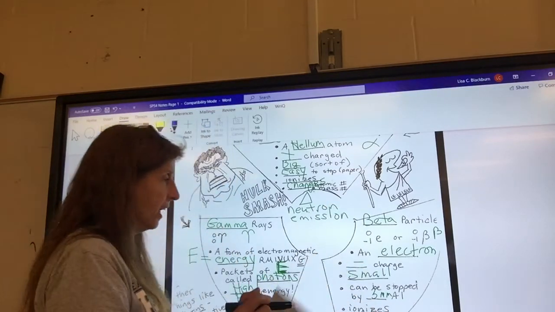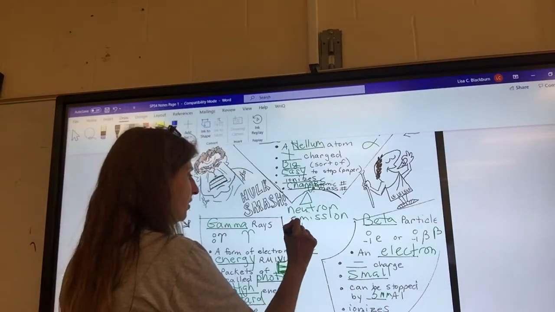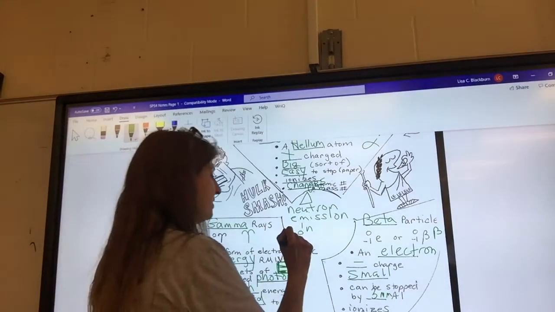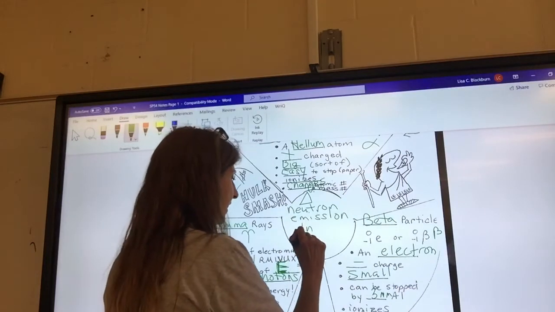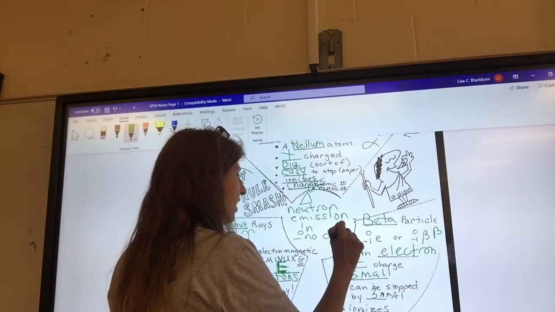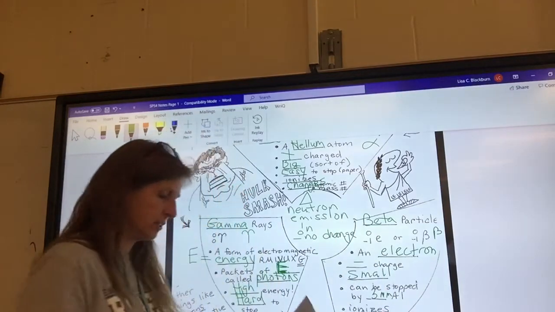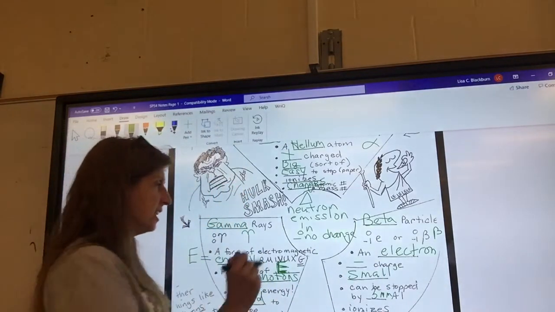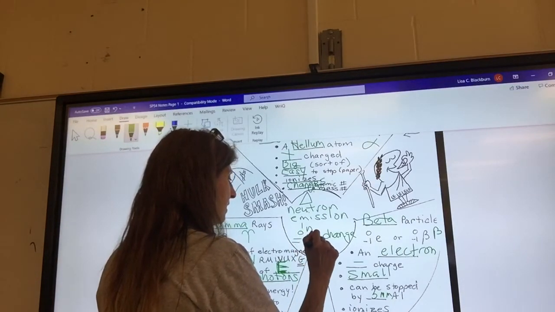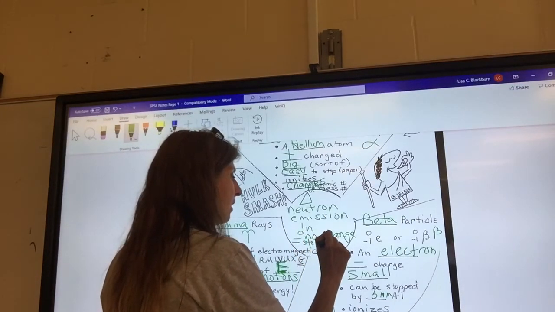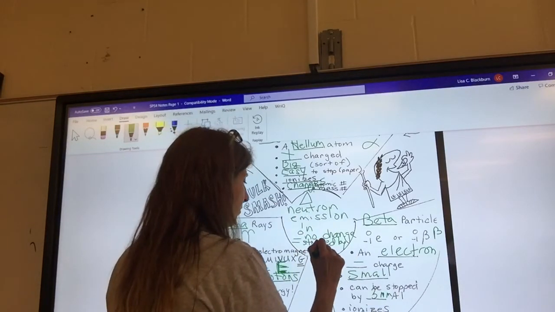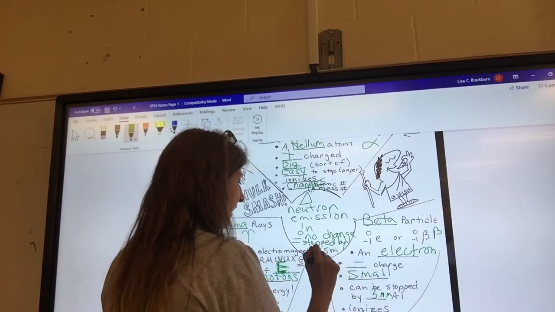Neutron emission. The symbol is the symbol of a neutron. It doesn't really change anything except the mass. And it's stopped by 15 centimeters of lead.